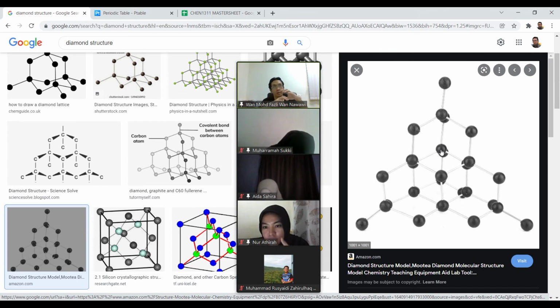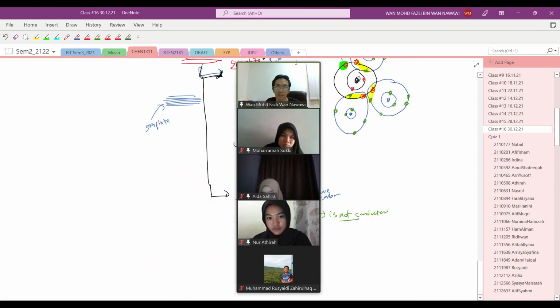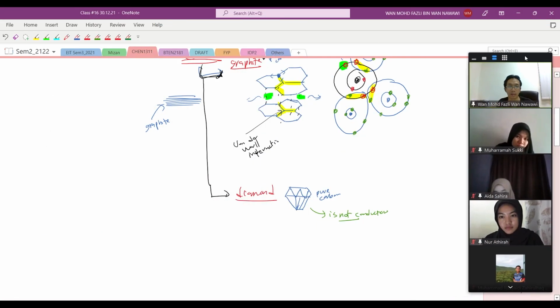I mean it fulfills the octet very well, so there are no free electrons to move. That's why diamond is an insulator. It doesn't conduct electricity. But graphite conducts electricity because of the difference in structure. So the structure in the material matters.